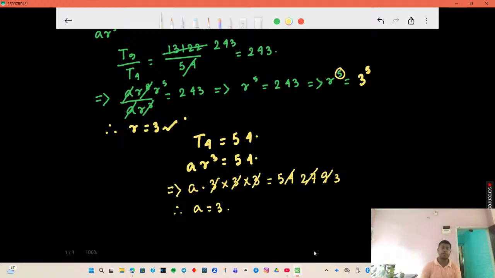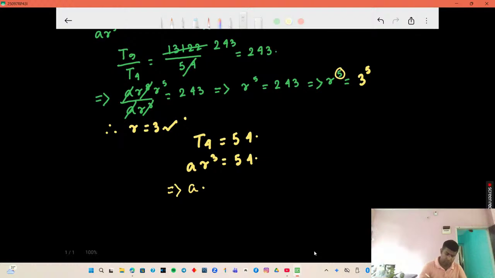So what is the value of the first term? The value of the first term is 3, and the value of the common ratio is also, sorry, A into 3 into 3 into 3 is equal to 54.